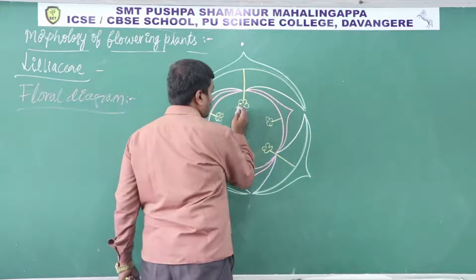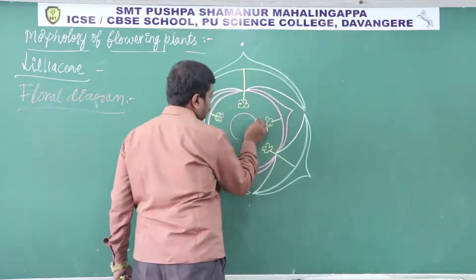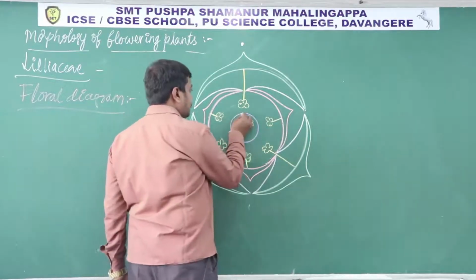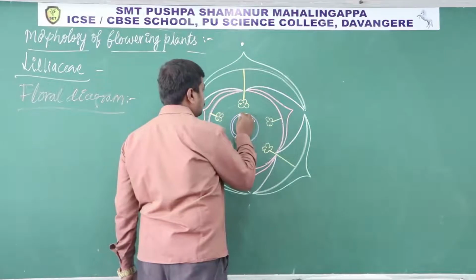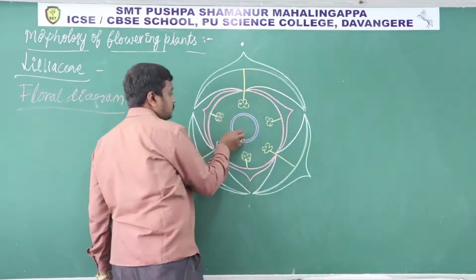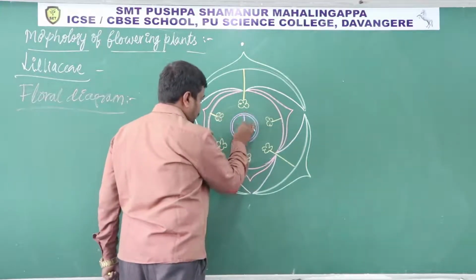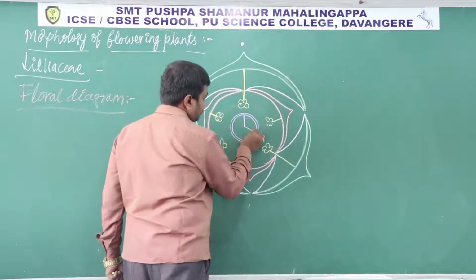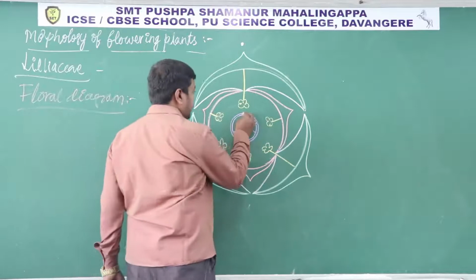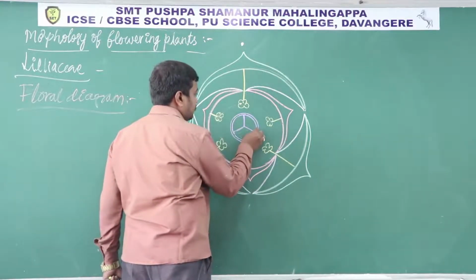So tricarpellary ovary. So it has a tricarpellary and a trilocular ovary.